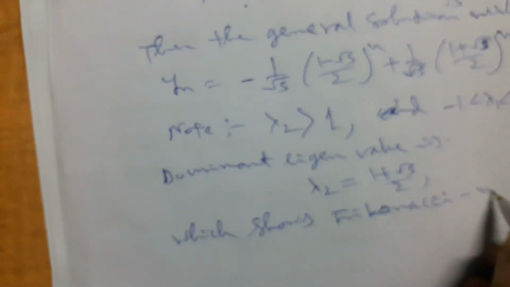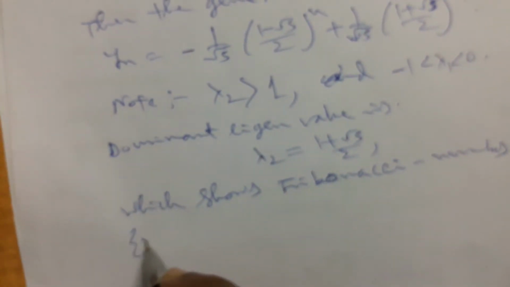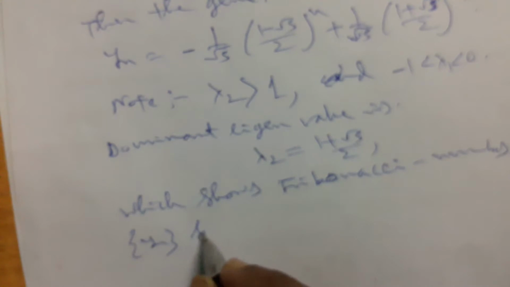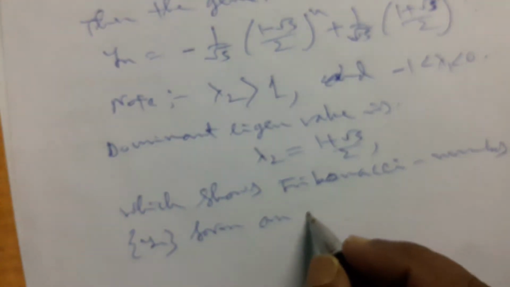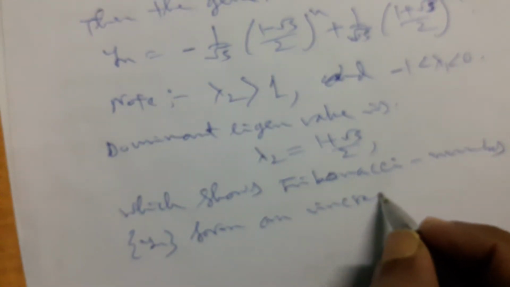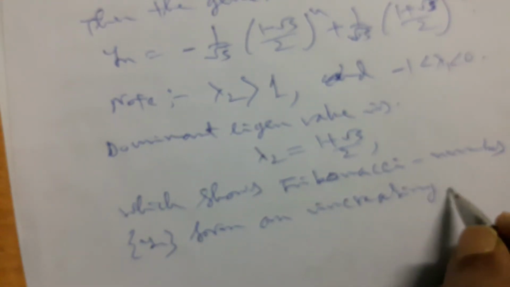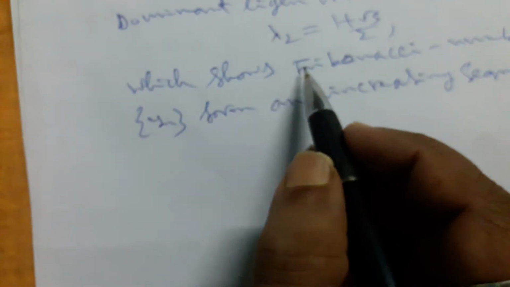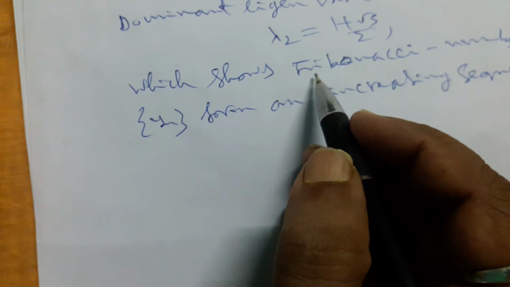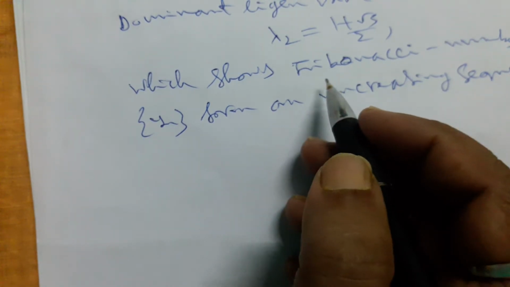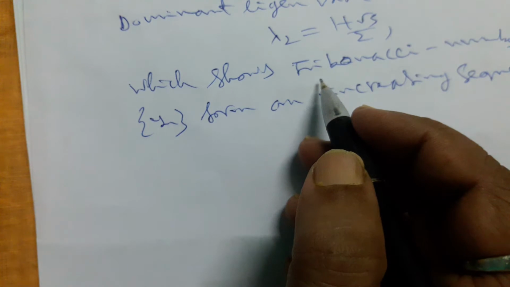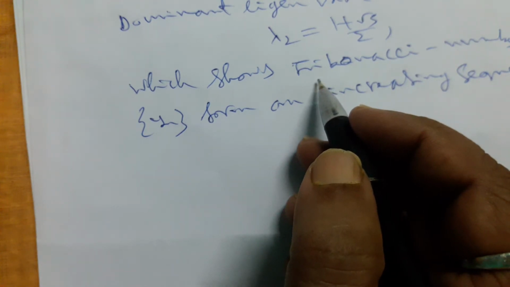The Fibonacci numbers y(n) form an increasing sequence, and we already know why this happens. Since the eigenvalue lambda 1 is negative and its magnitude is less than 1, it is superimposed by a slight oscillation that dies out as n increases.